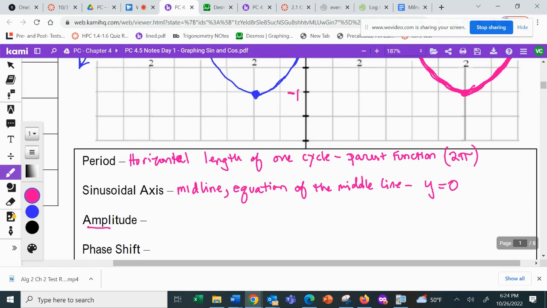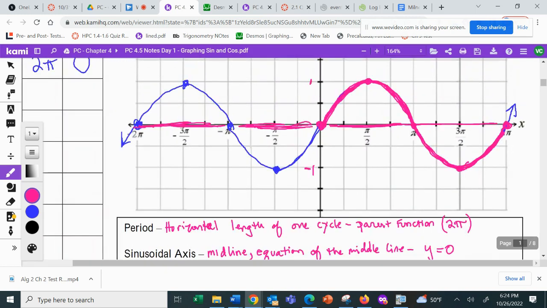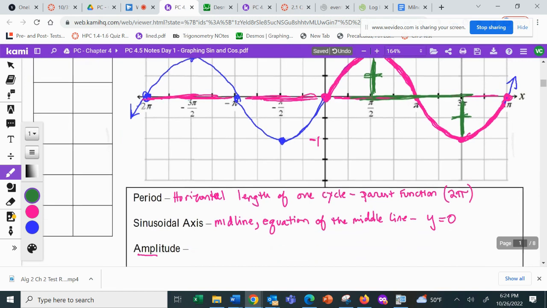So an amplitude in this graph has to do with how high up the graph goes and how far down the graph goes from that middle line. So we start at the middle and we say, how far up does it go? How far down does it go? It should go the same amount. These are congruent amounts because the midline is right in the middle.